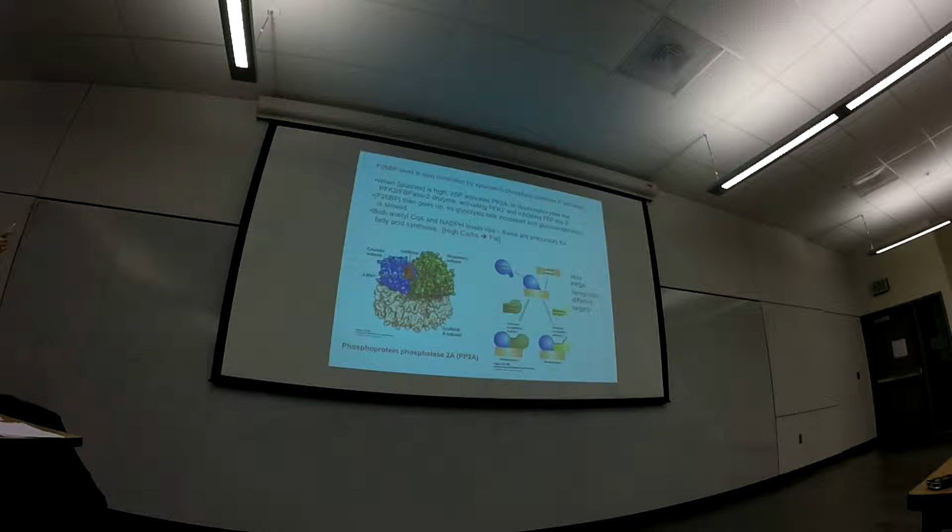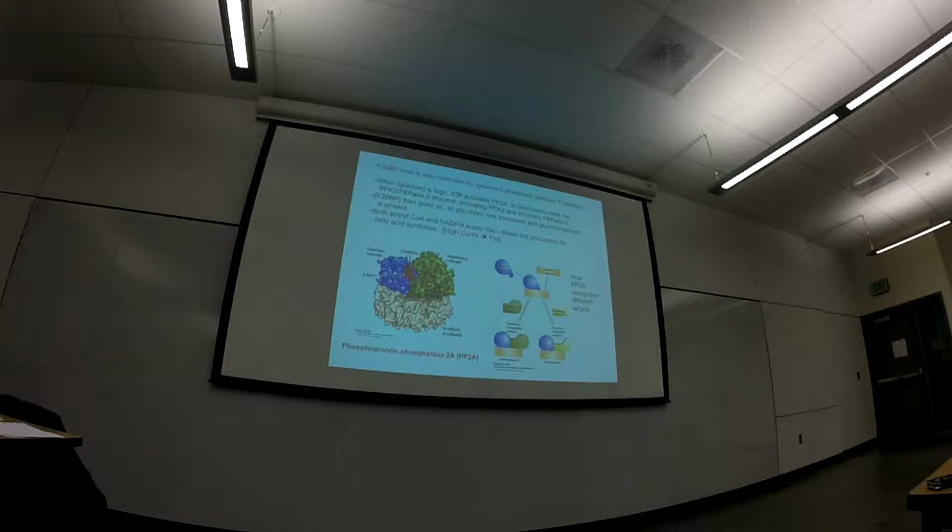Okay, so if there's a lot of X5P, then that functions as an allosteric activator of an enzyme called PP2A. This is the structure of PP2A. There's another one called PP1. So there's a number of different phosphatases, and the textbook doesn't always do a great job of distinguishing them.